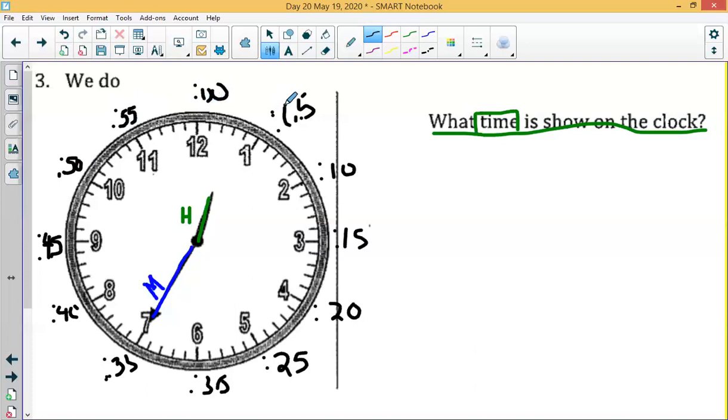All right, please make sure that your clock is labeled and everything is in increments of 5 by each number. Okay? All right, so now let's figure out what our hour would be.